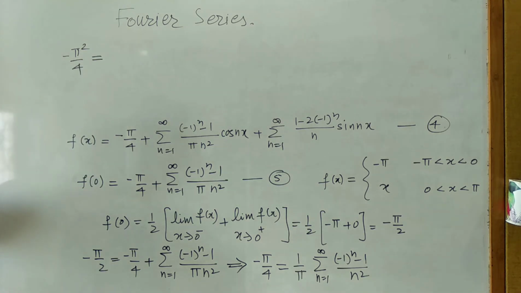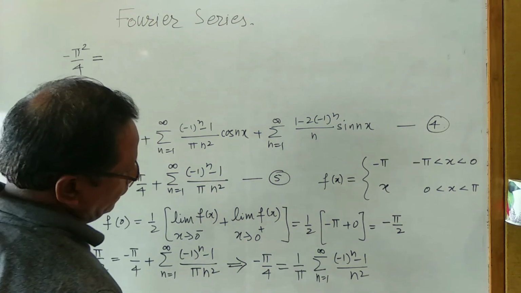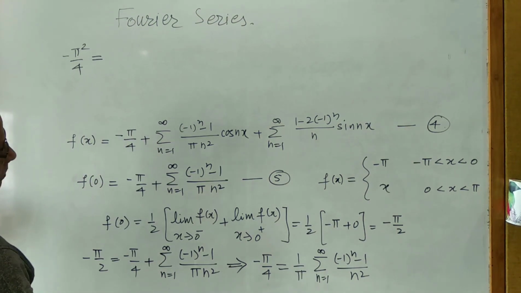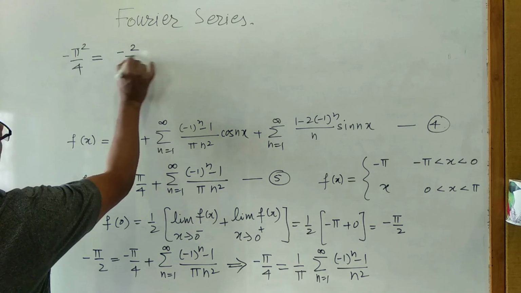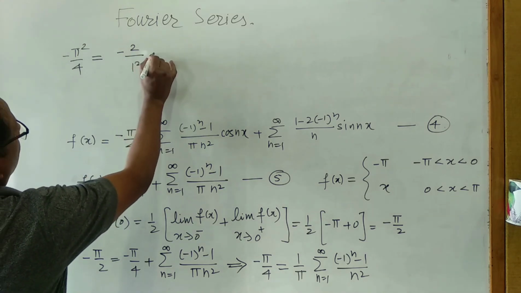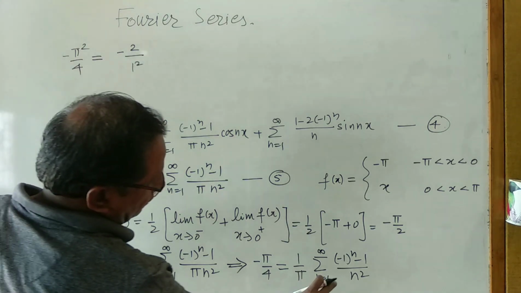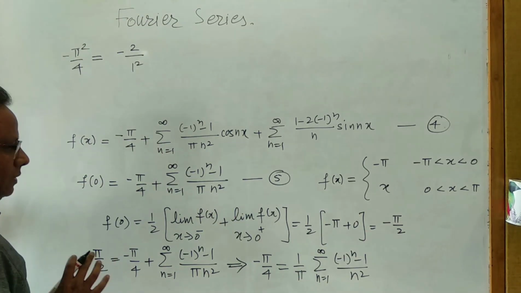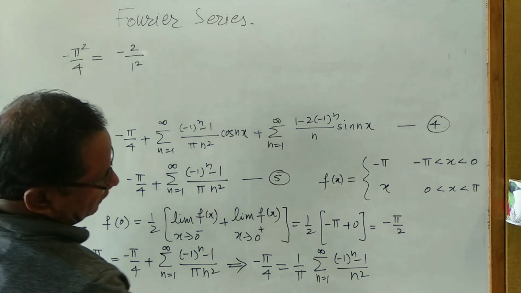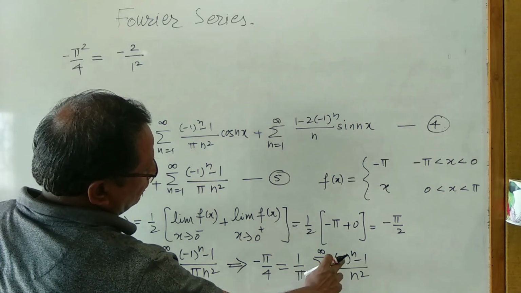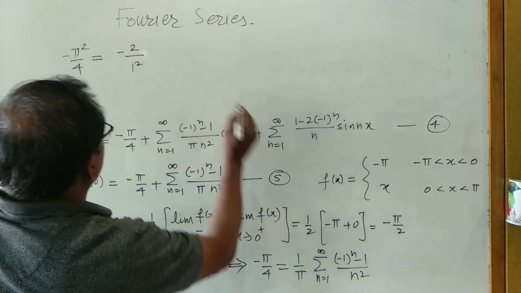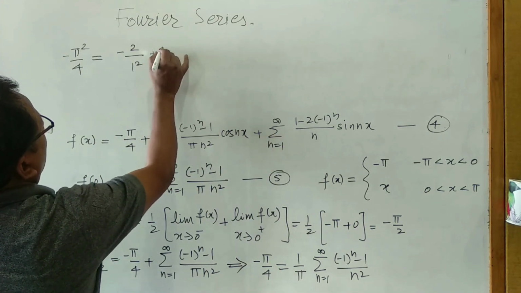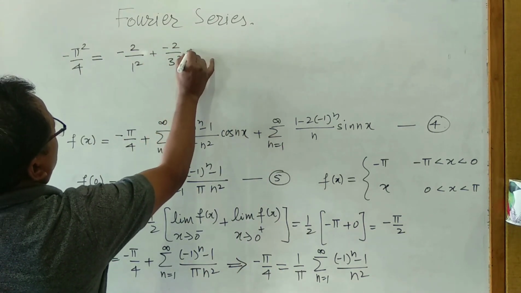summation. Now I will put n equal to 1, 2, 3 and so on. When I put n equals 1, minus 1 raised to 1 is minus 1, minus 1 minus 1 is minus 2 upon 1 square. When I put n equals 2, minus 1 raised to 2 is 1, 1 minus 1 becomes 0, so 0 upon 2 square, and that term vanishes. When I put n equals 3, minus 1 raised to 3 is minus 1, minus 1 minus 1 is minus 2 upon 3 square, and so on.